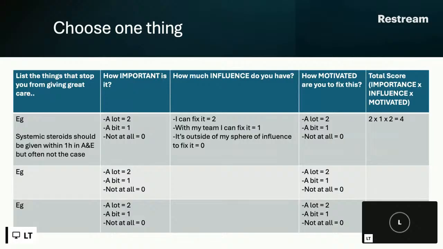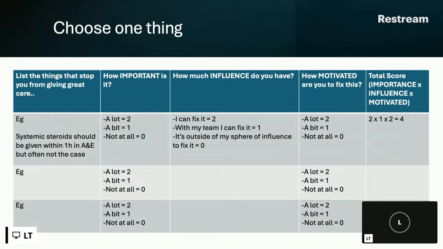Going through the 3 questions, importance for me was 2, because it's of a lot of importance to me. It changes how children get treated initially, and I'll run through my problem statement later on. The influence for me was 1, because I needed a team of people to help me fix this. I can't do it on my own. I need nurses, doctors, and a lot more people.